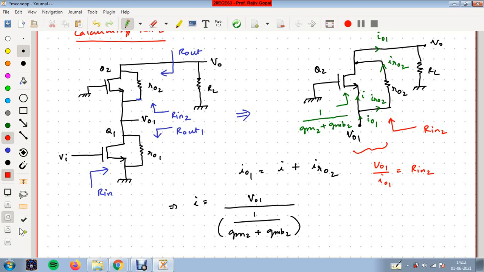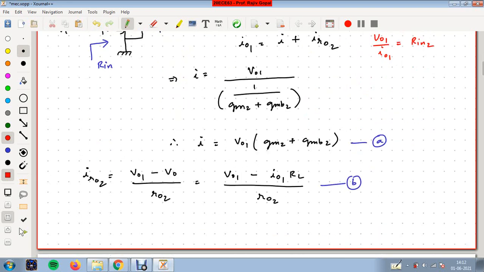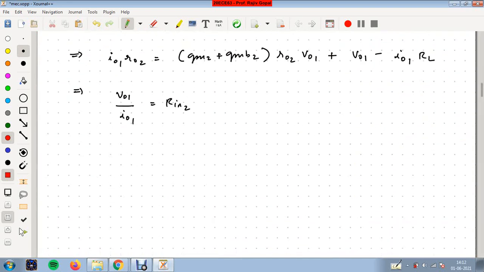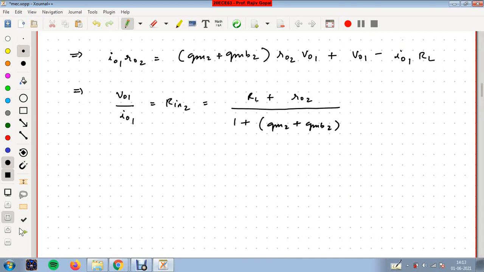So V01 by I01 gives Rin, which equals (RL + R02) divided by (1 + (GM2 + GMB2) R02). This is what Rin is.